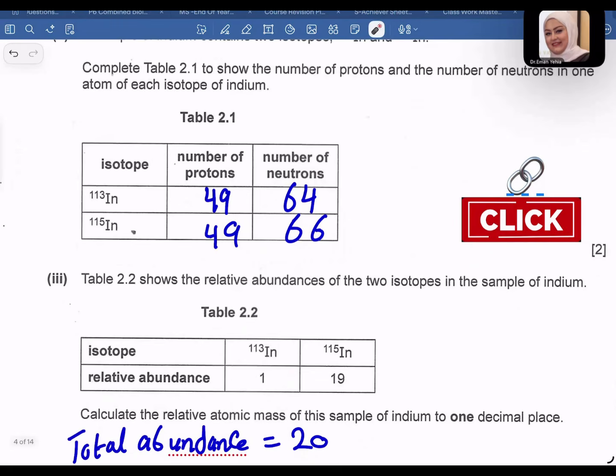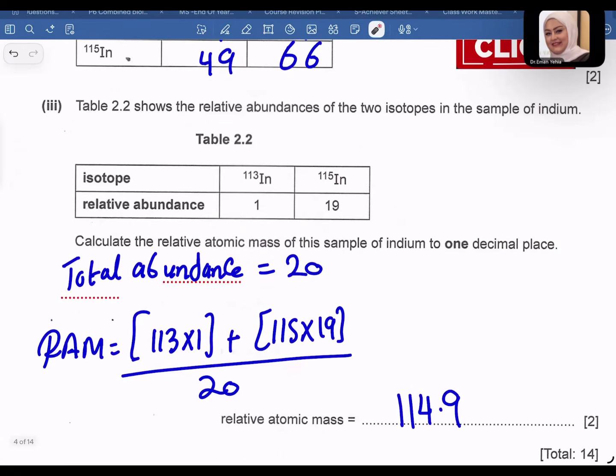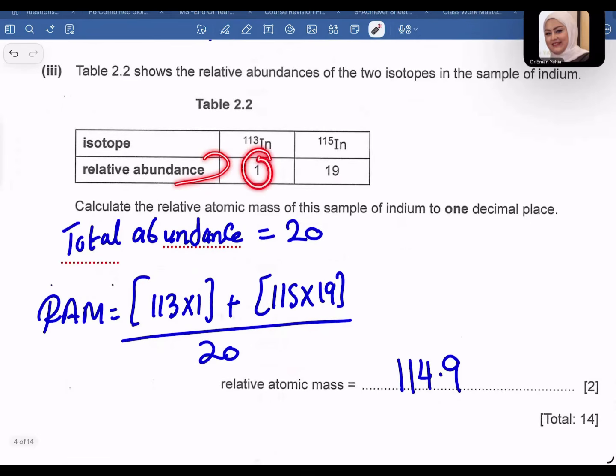Next question, it shows the relative abundance of 2 isotopes in the sample of iridium. The relative abundance of 113 is 1 and the relative abundance of 115 is 19. So how to calculate? Well, total abundance is 20. Total abundance is the addition of the abundance for each isotope.